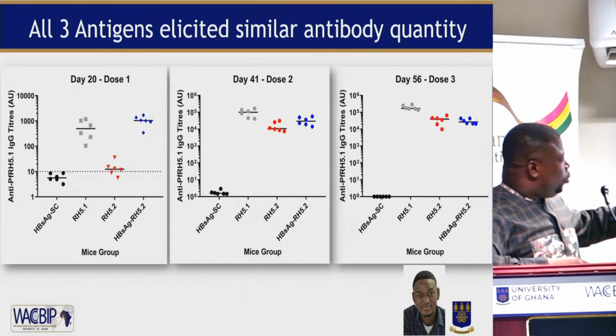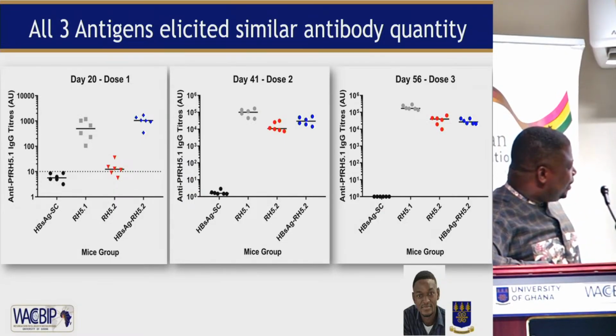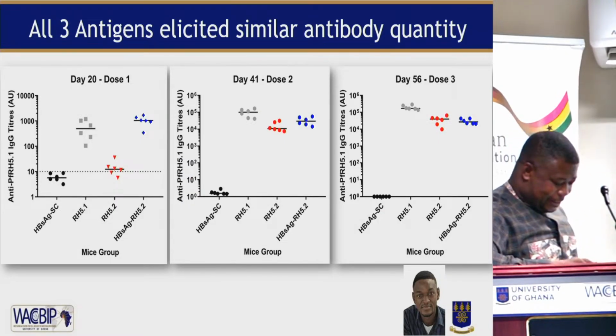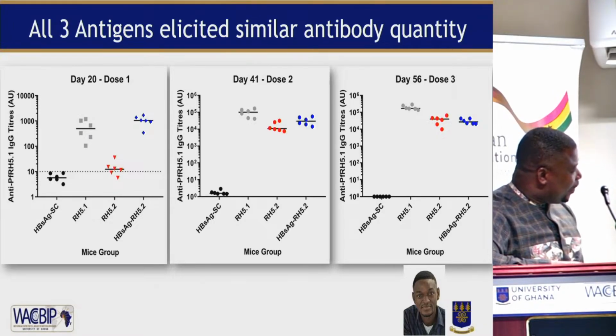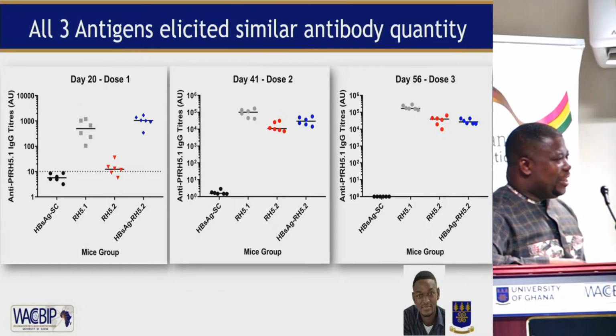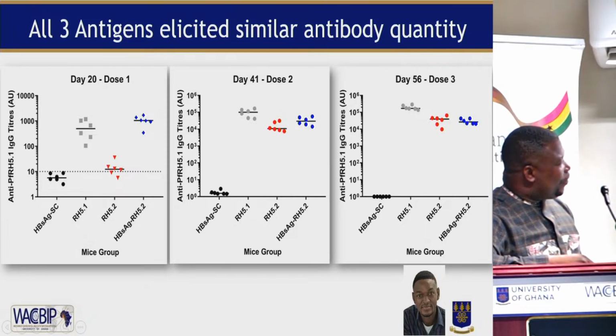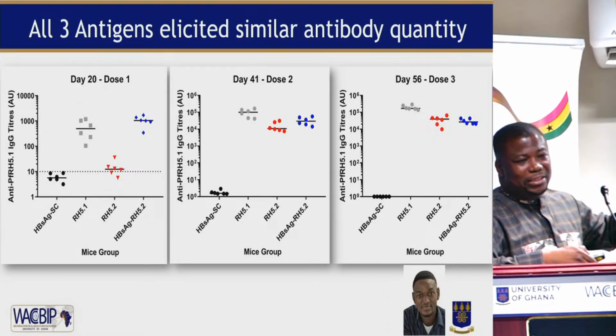One thing we could do is that in immunizing mice, we could show clearly that throughout, if this is your hepatitis B surface antigen here, when you immunize, the focus is not on the hepatitis B. We want it to be on the RH5. So after the third dose, you really get a comparable amount of antibody produced to the antigen.